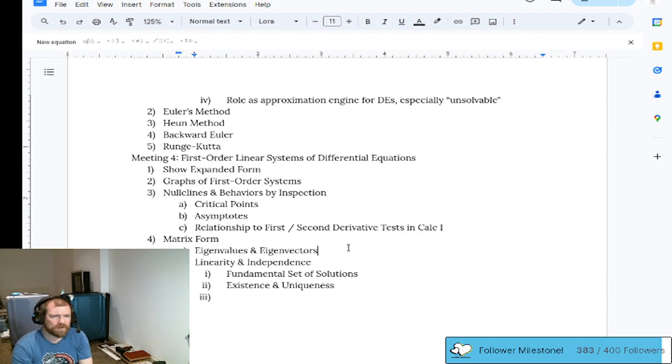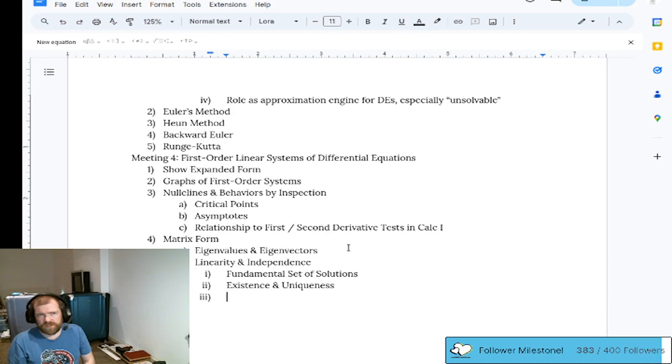Right, so then we could talk about linearity and independence. The fundamental set of solutions is going to be based on the eigenvalues and eigenvectors. And then we could talk about existence and uniqueness the same way we do with first order linear equations, where we say it's going to exist essentially as long as the whole differential equation is continuous.